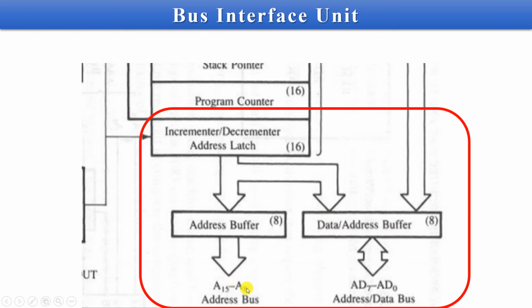These are the address lines A8 to A15, the higher order address, which is dedicated for address only, while here you find that the data lines are multiplexed with the address lines, and therefore these lines will be used at some time period for address and at other time periods for data. This is called multiplexing of address and data bus.